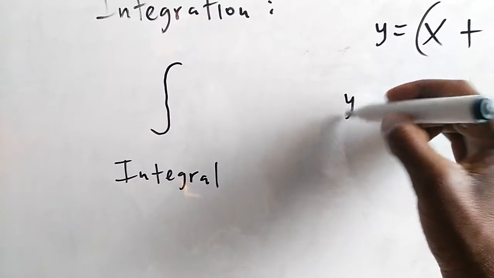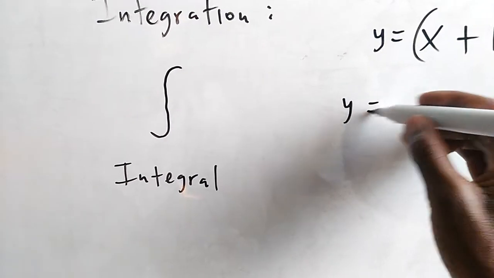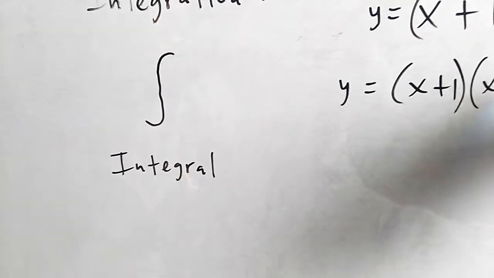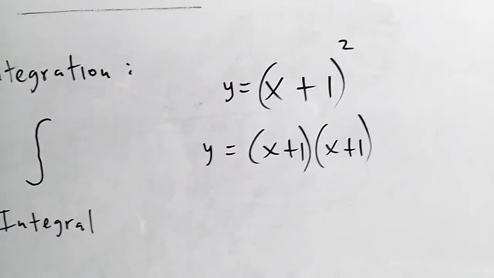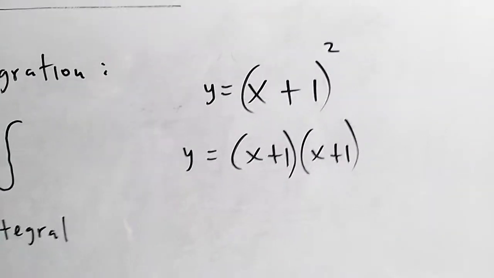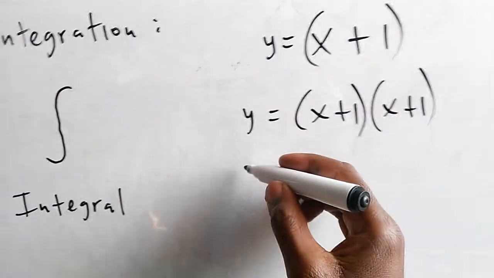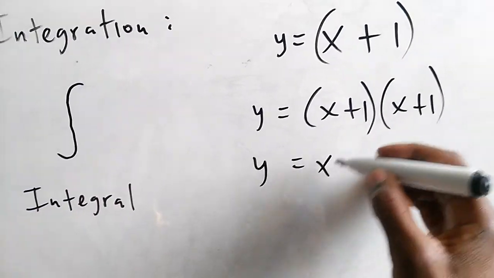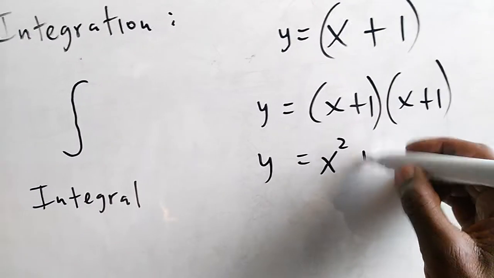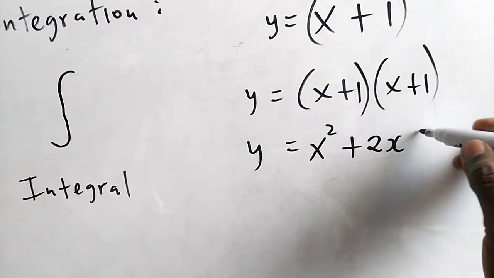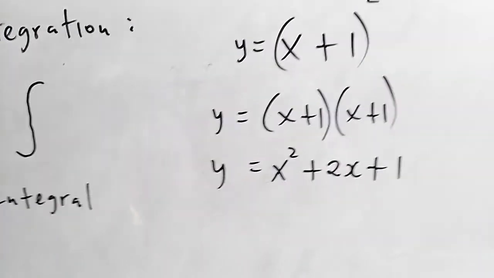You can say, okay, the value of y is such that you have this x plus 1, another x plus 1. You've seen, it's more like saying this should come twice. And then x times x, x plus x, 2x. 1 times 1 is 1.